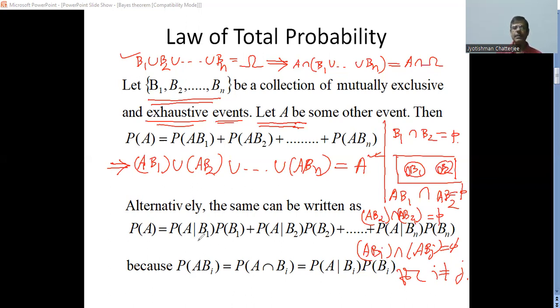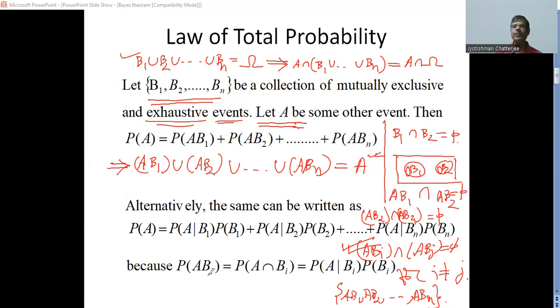In other words, the collection of events A intersection B1, A intersection B2, up to A intersection Bn, this collection is mutually exclusive because of this one. So this is a mutually exclusive collection.